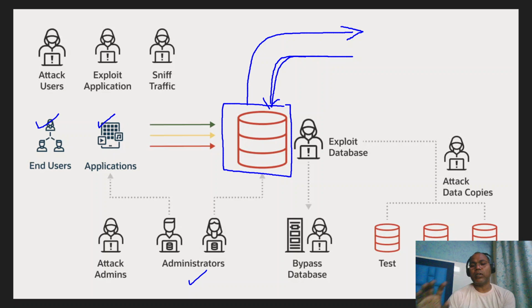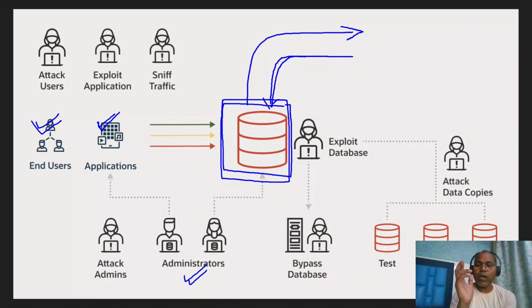So these are the places from where our databases and data storage locations receive data: from the application server, from the end user, from the administrators. These are the authorized entities from where our application can receive data, and these are the authorized users to whom our applications can provide access.